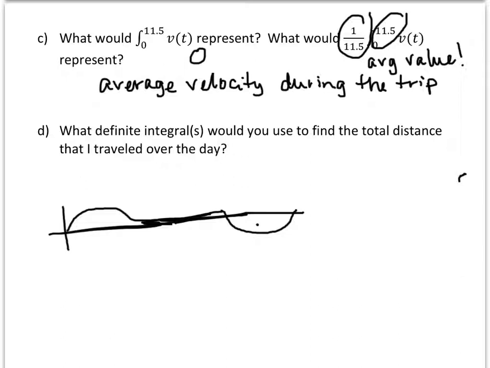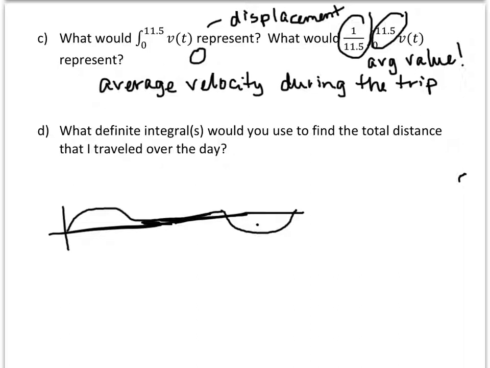The integral is giving me not distance traveled, but displacement or change in position. Depends on whether you've had physics or not, whether you prefer the word displacement or change in position, but either is fine. So this gives me my overall change in position. This second question here gives me the average value, so my average velocity during the trip.